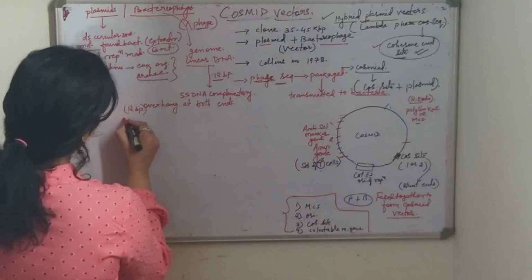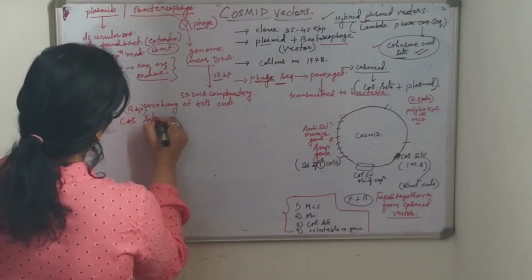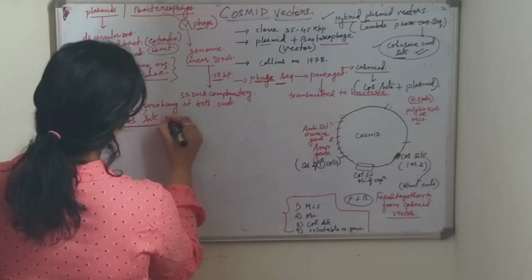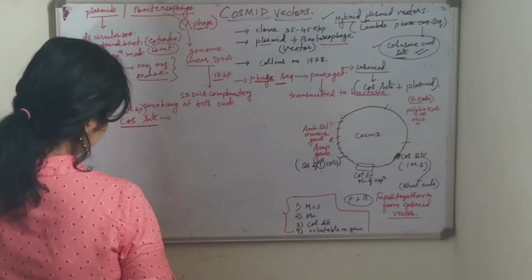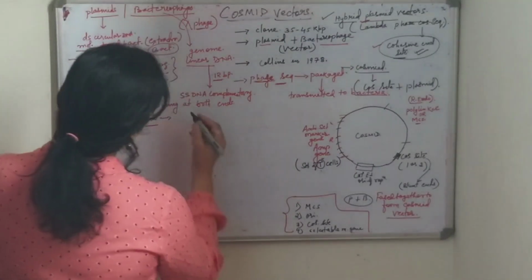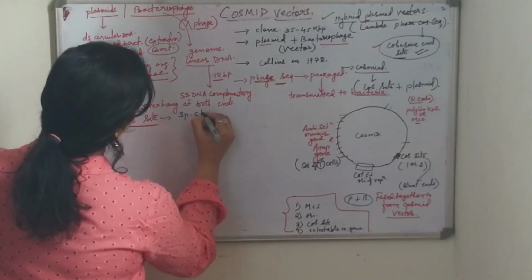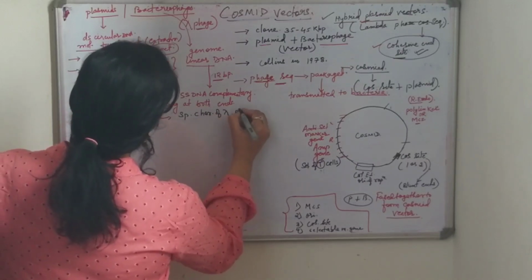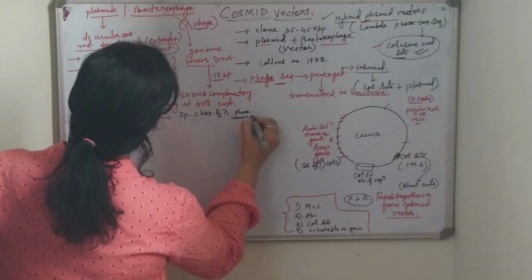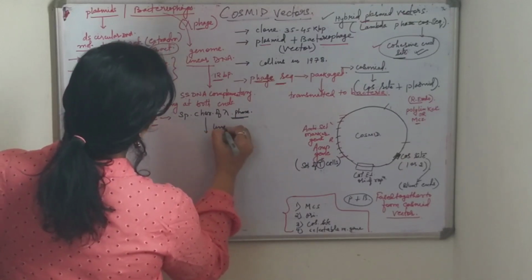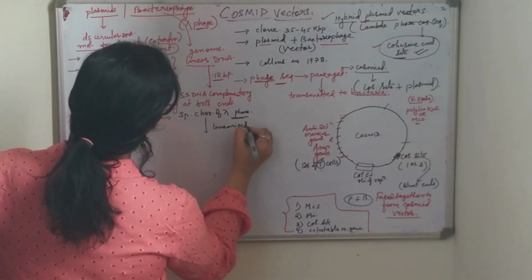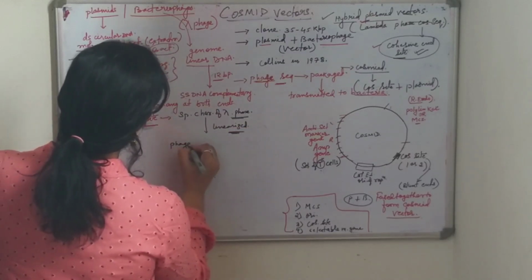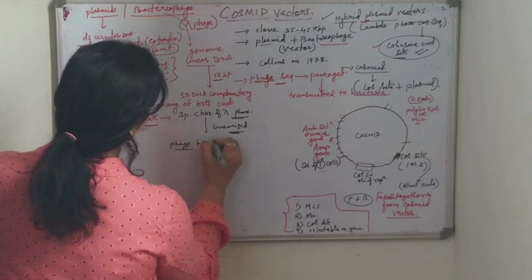Now I am telling about this cos site. This cos site is the special characteristic of the lambda phage, which has to be linearized to fit into the phage's head, but circularizes in the host cell.